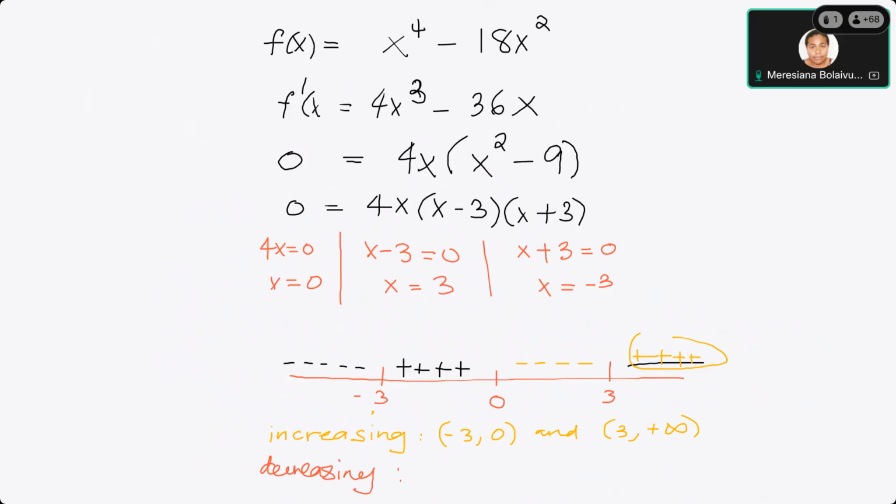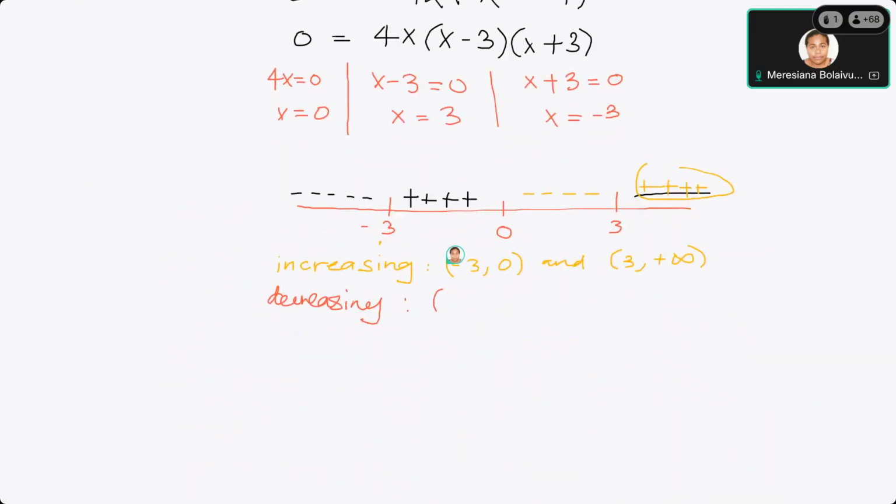Between 0 and 3, set. And what about the next one? It's from negative infinity to -3. So you write negative infinity, comma, -3.